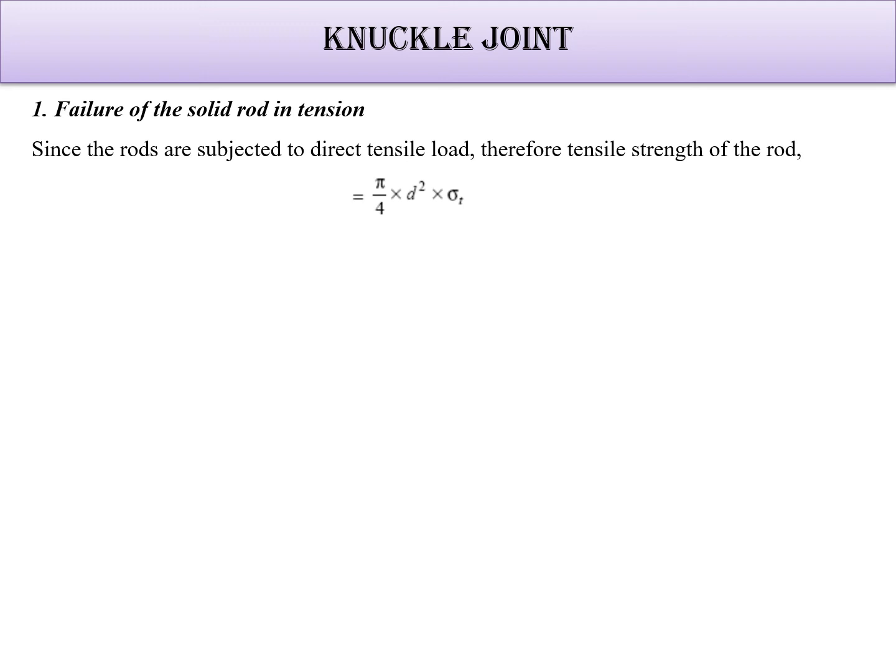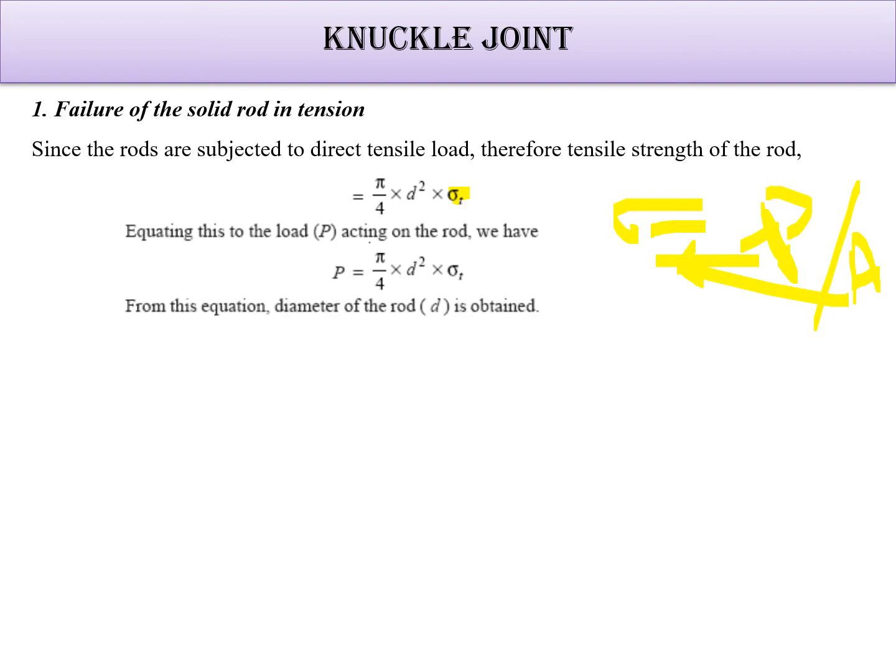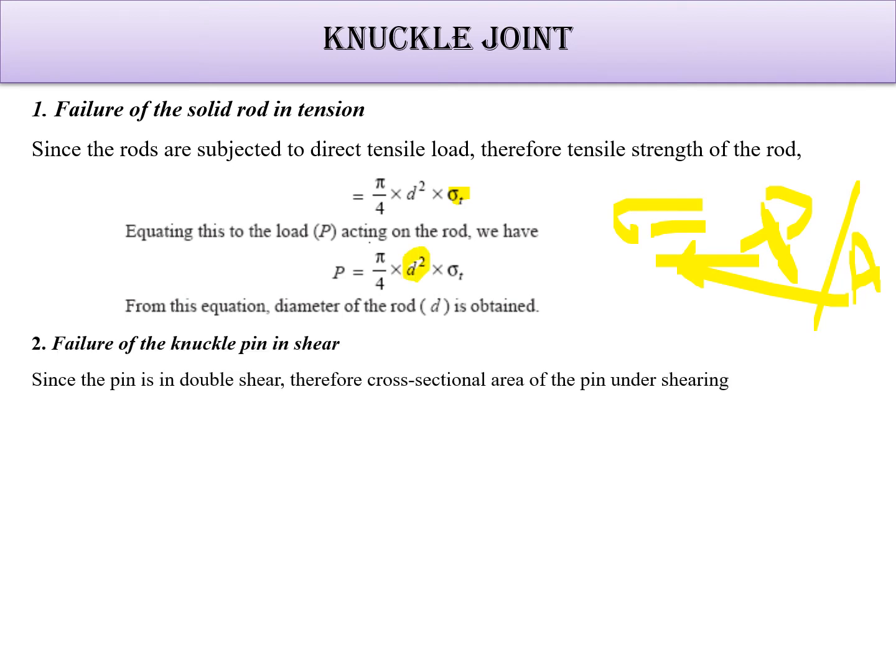Sigma is equal to P by A, where sigma is the stress. So load is equal to pi by 4 d square into sigma t. This is how it has been distributed here. So in terms of the diameter of the rod, we can find out this d.